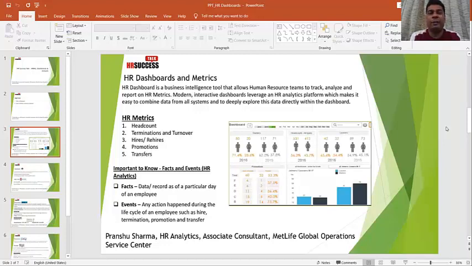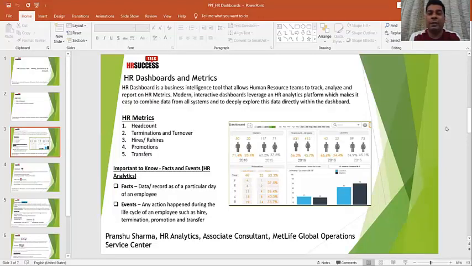Today we would be covering a few HR metrics like headcount, termination and turnover, hires, rehires, promotions and transfers. Once you have a fair understanding of these HR metrics, then you would be able to summarize them into one snapshot or dashboard, as I have shown in this presentation on the right hand side.